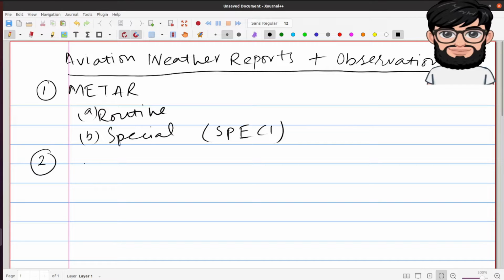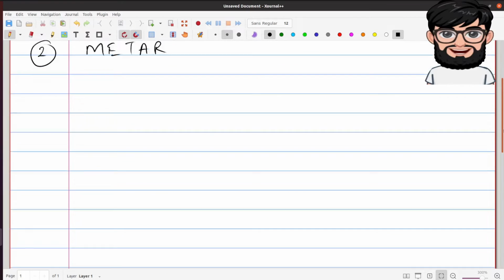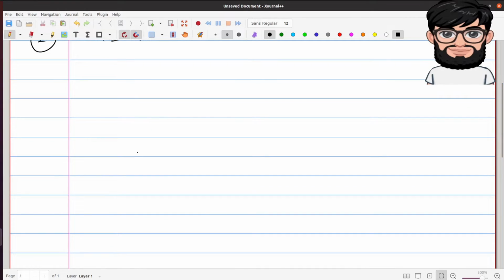Now we're going to be breaking down the METAR. You should definitely know how to read a METAR. Basically we're going to be going through the basic elements of a METAR.